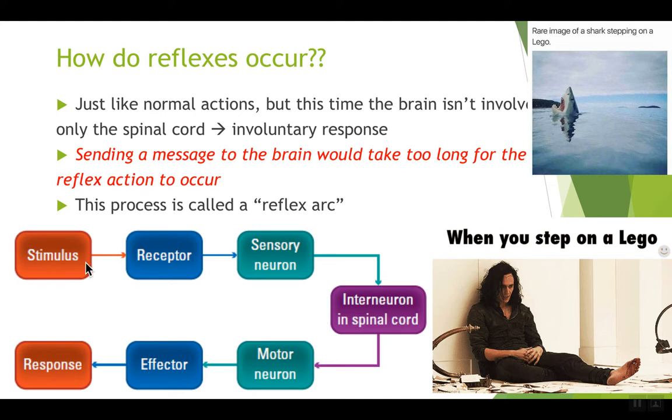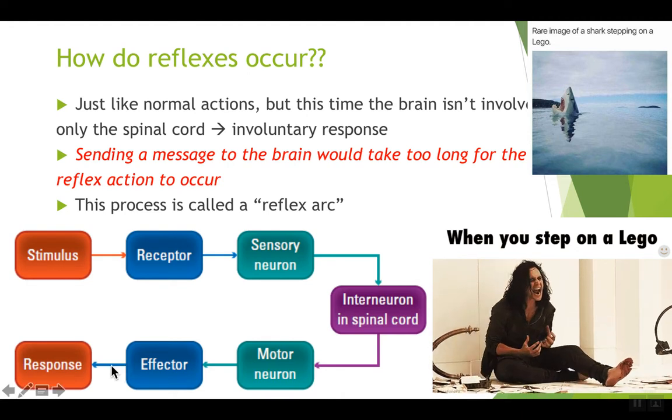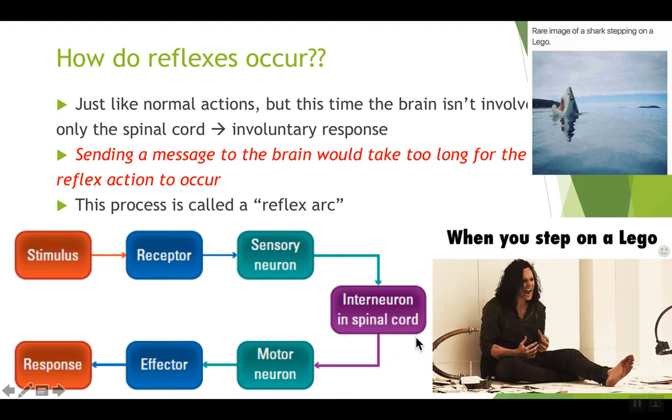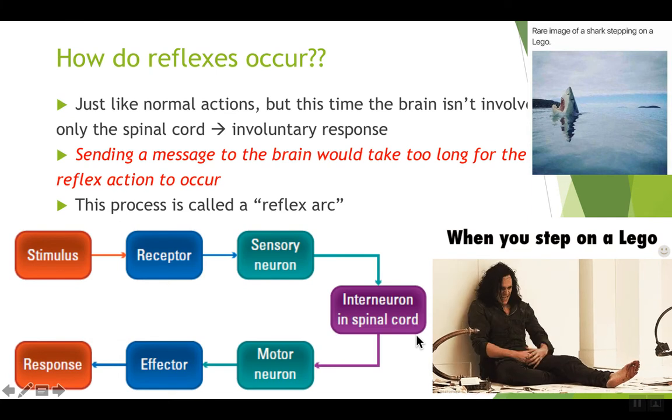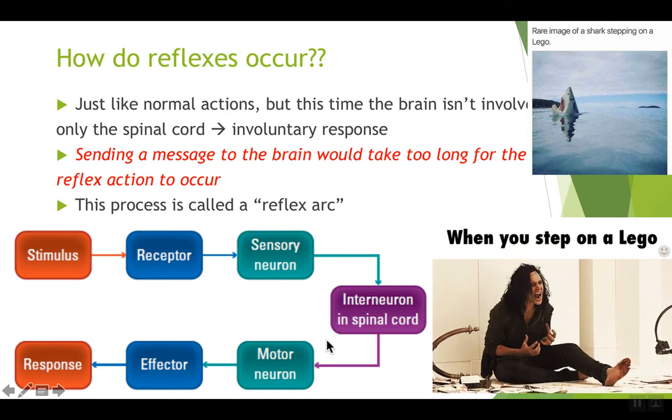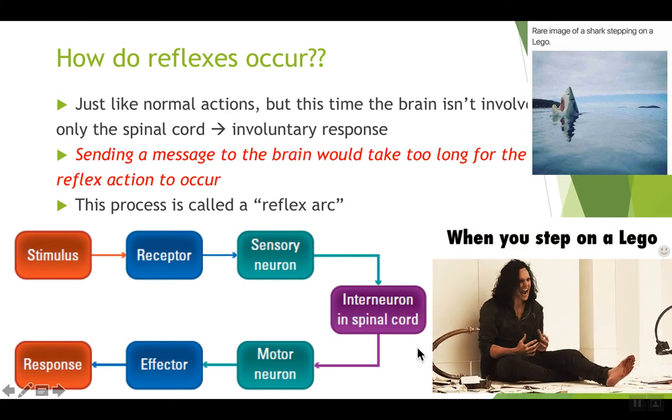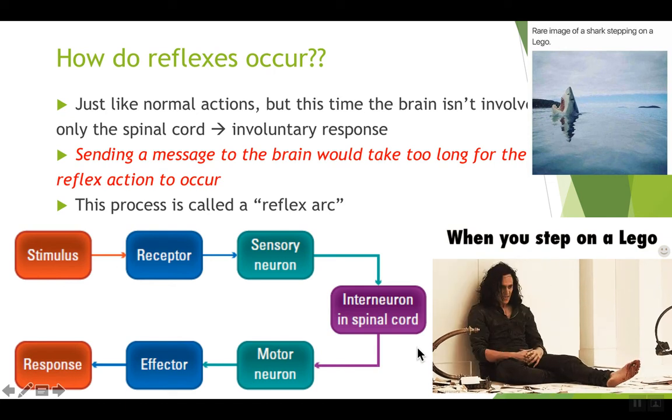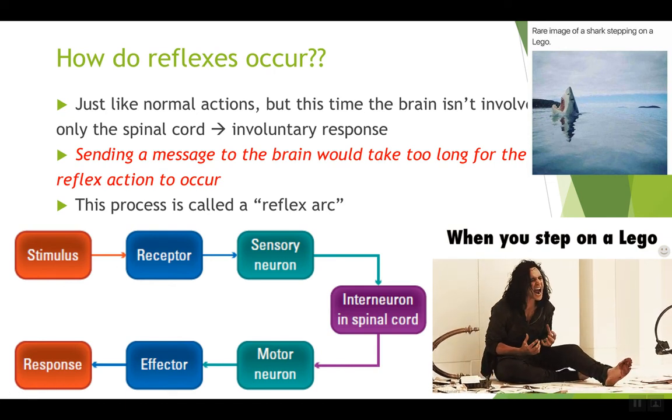We're still going stimulus, then receptor, sensory, inter, motor. But the difference here is that interneuron is in your spinal cord. So if the interneuron's in the spinal cord, it means you're not doing any conscious thought, you're just doing an immediate response, and it's always the same response to the same stimulus.